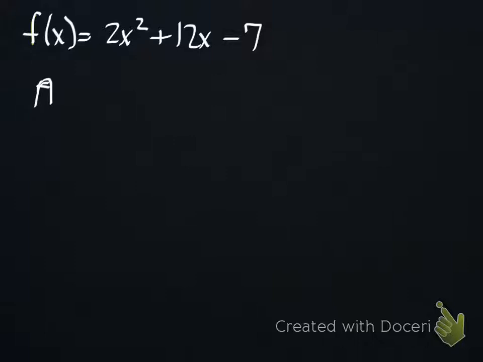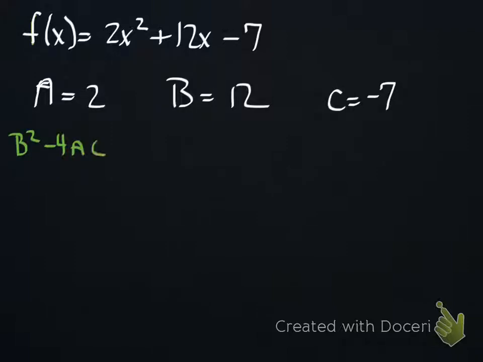A equals 2, B equals 12, C equals negative 7. And then do your b squared minus 4ac. So 12 squared minus 4 times 2 times negative 7. What number is that?